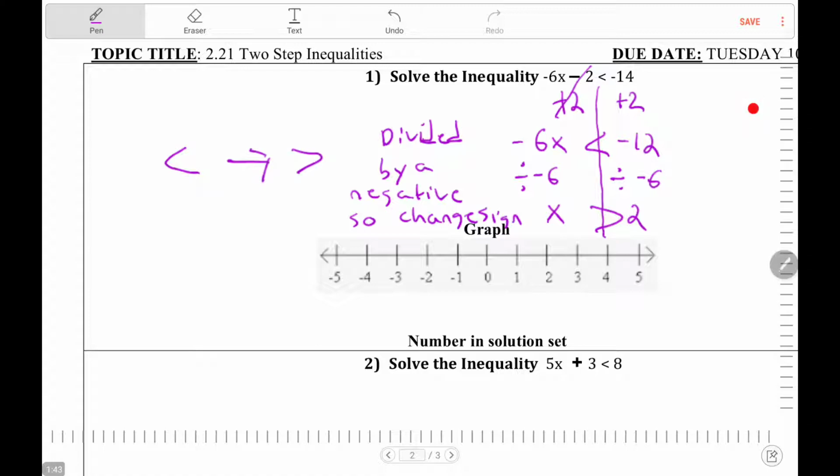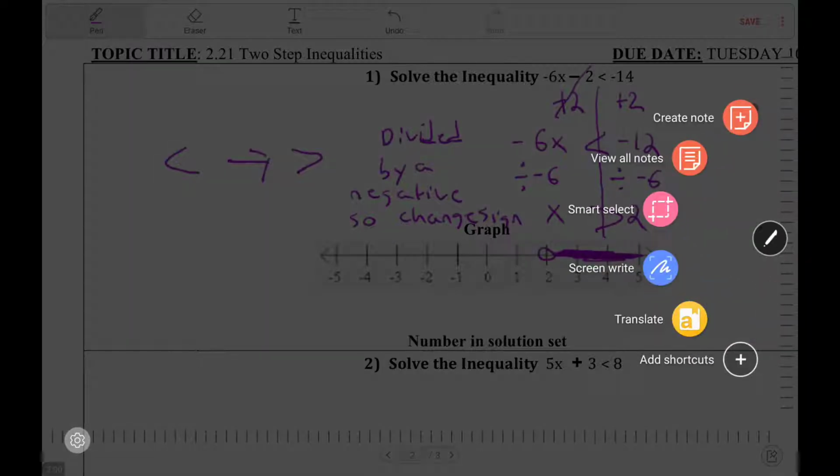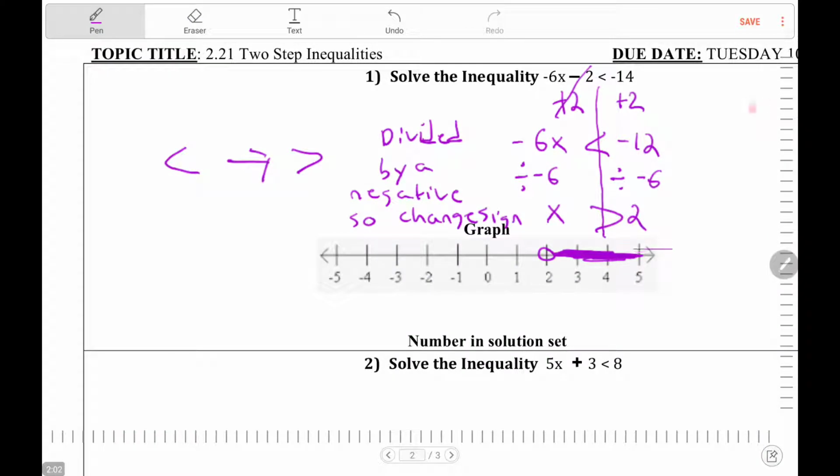So we have x greater than 2. I circle 2. Don't fill it in, right? This is not greater than or equal to. X has to be more than 2, so we can't include 2, cannot, and then I shade numbers bigger than 2. So let's draw the arrow, and that's it.